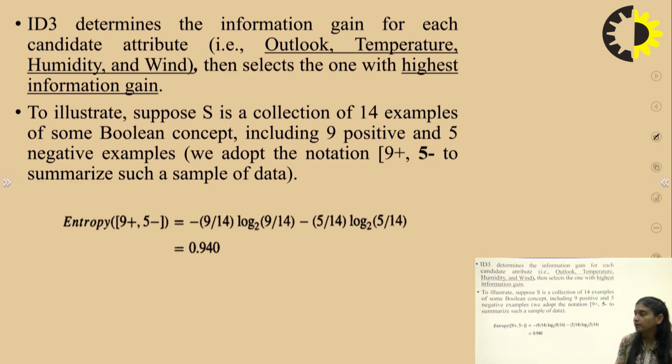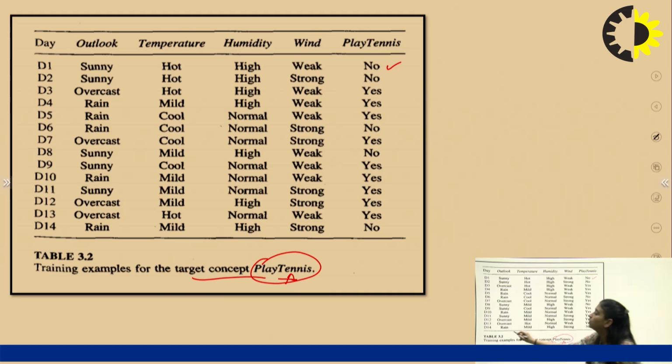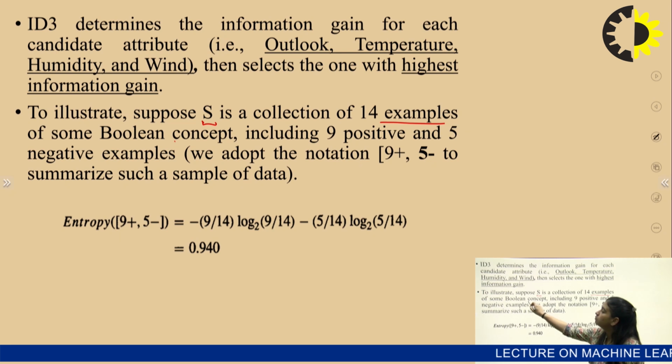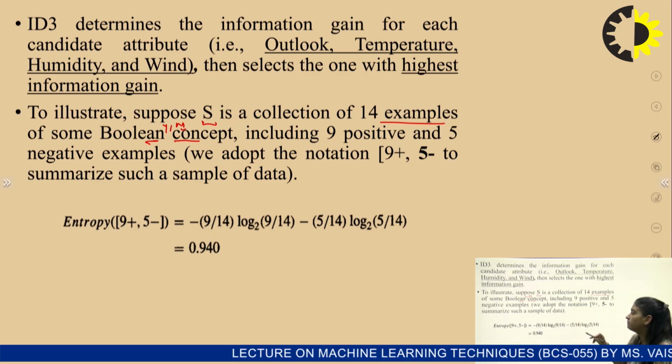To illustrate this, we have a data set and we just name that data set S. S is the collection of 14 examples. As you can see here, we have 14 rows. So 14 examples of some Boolean concept. Boolean means it has a yes value or a no value, including 9 positive and 5 negative examples.